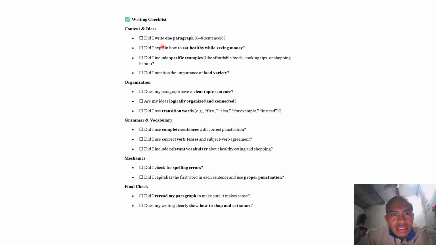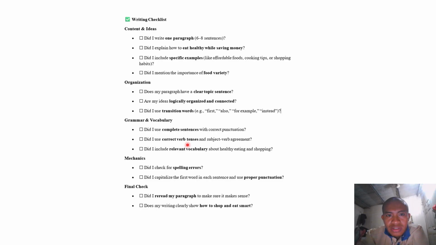And here I have the checklist. Use one paragraph of six, seven, eight sentences. Explain how to eat healthy by saving money, considering money and healthy food. Include specific examples, cooking tips, shopping habits, and mention food variety.